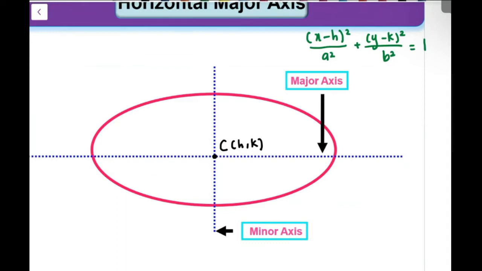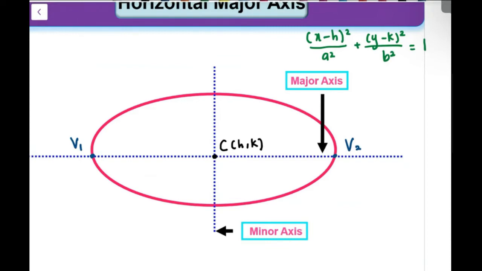Next, we have 4 vertices that need to be labeled. First are the major vertices, which come from the major axis. If we have a horizontal major axis, the vertices lie parallel with the x-axis. I label them V1 and V2. How do we obtain these points?